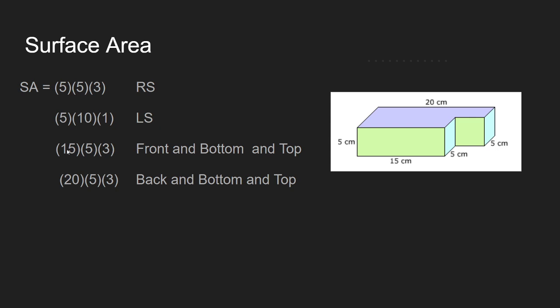Next up we have 15 by 5 by 3. 15 by 5 indicates the front, the bottom, and the top. The front is this face here, so this is a 15 by 5, and that happens 3 times. The front face is the first time.